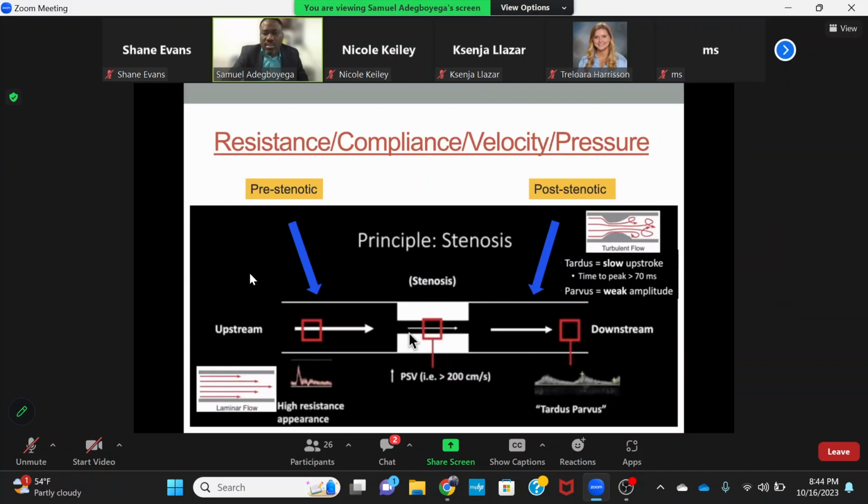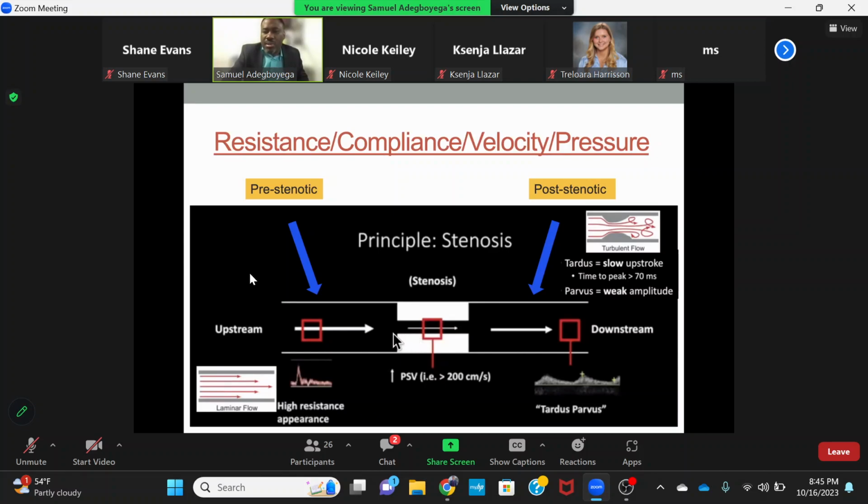Anytime you have stenosis, where you have the maximum stenosis, that's where you're going to have the highest velocity. After that stenotic area, you're going to have the lowest velocity. So right here you could have a velocity like 500, and after that it could go to like 30 or 40 or 0. So you will slow down.